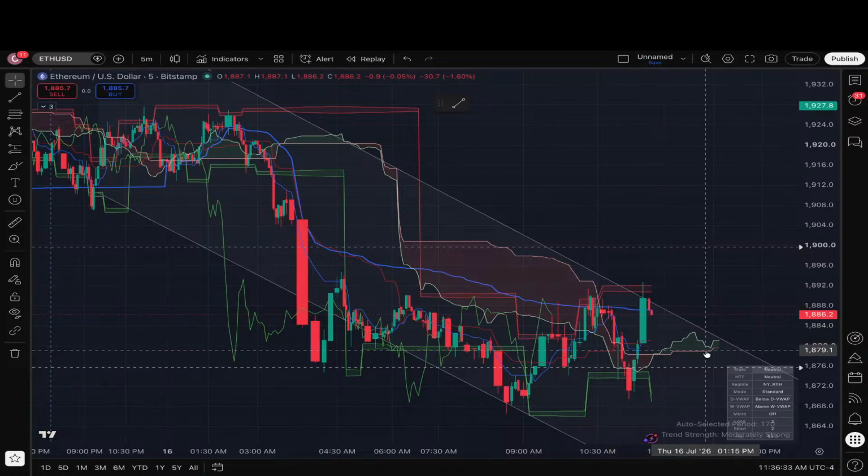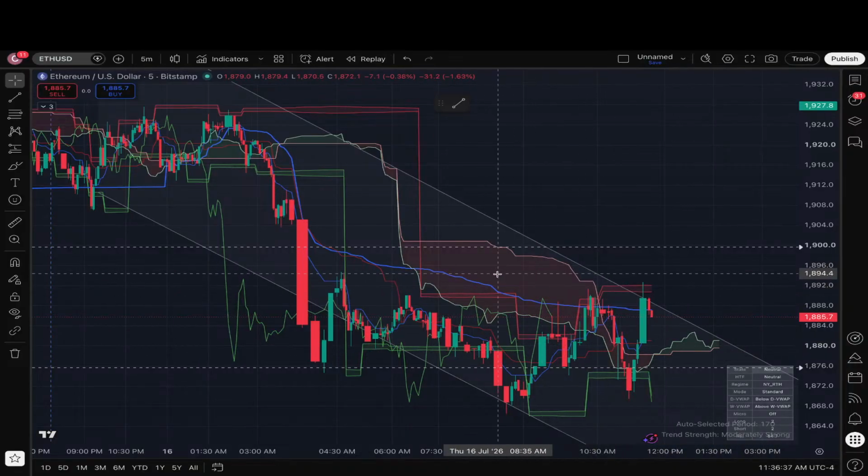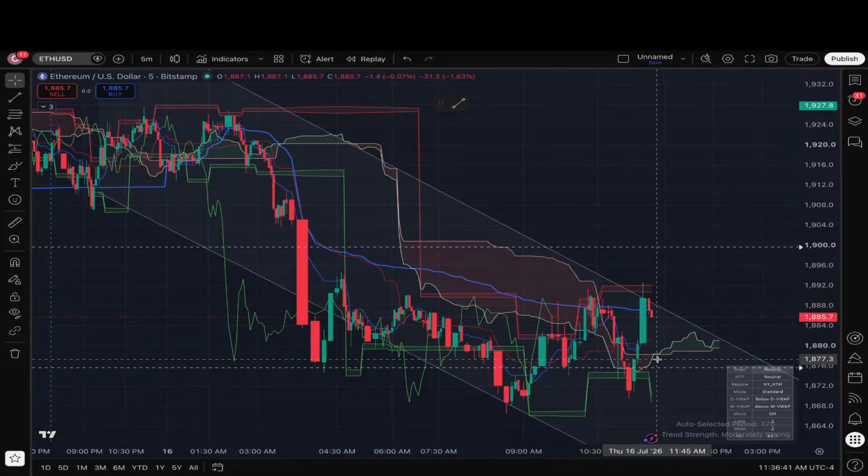The Ichimoku cloud that you see here and here, we're just coming out of a negative pressure Ichimoku cloud. And we saw the positive price action here. So this was the bottom. Whenever you get to the crossover between a negative Ichimoku cloud or a red cloud over to a green cloud, what you're seeing is negative selling pressure to actual buying pressure. And there's a lot of volatility within this area.